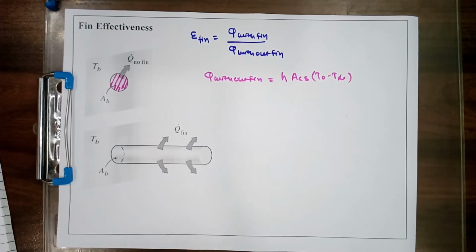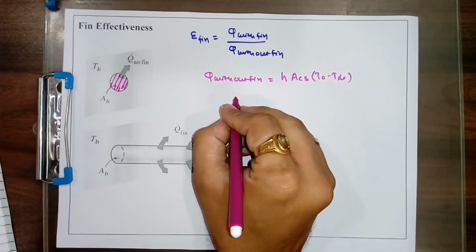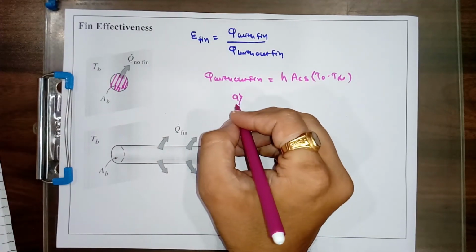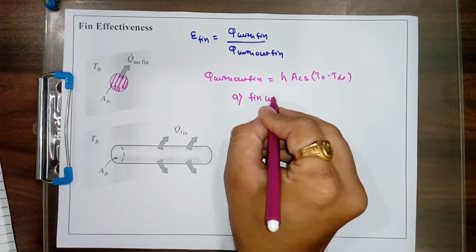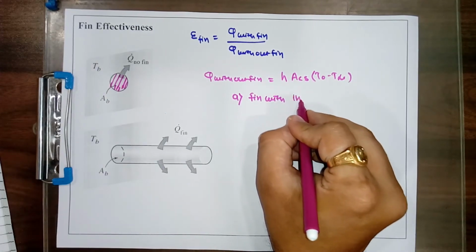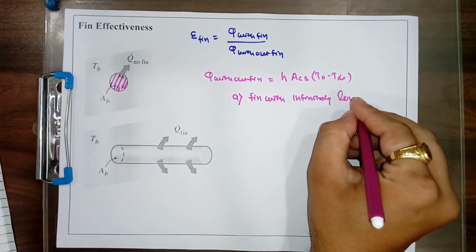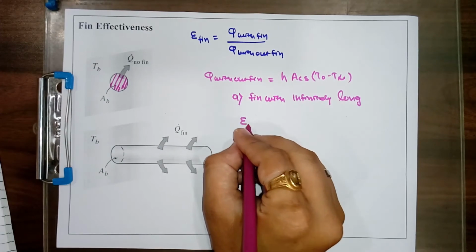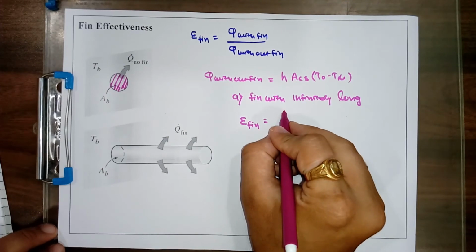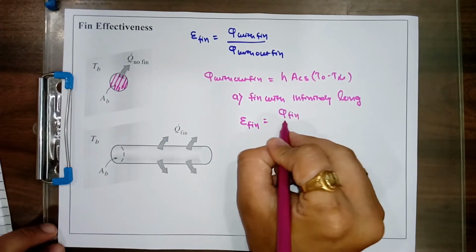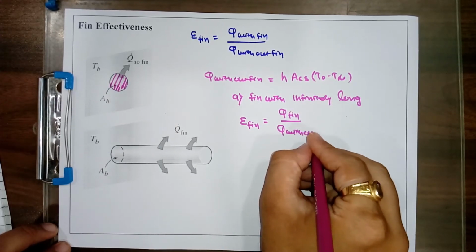Now we calculate the effectiveness of the fin in the case of finite length or infinite length, both cases. So we are going for an infinitely long fin. The effectiveness of the fin equals Q fin divided by Q without fin.